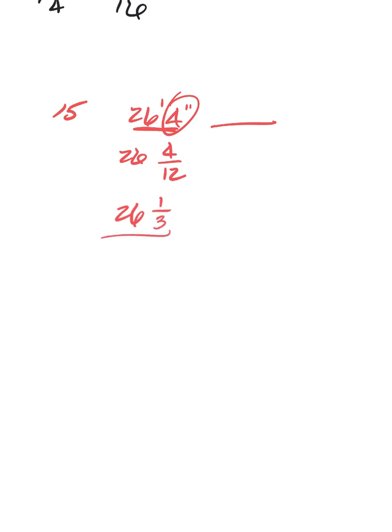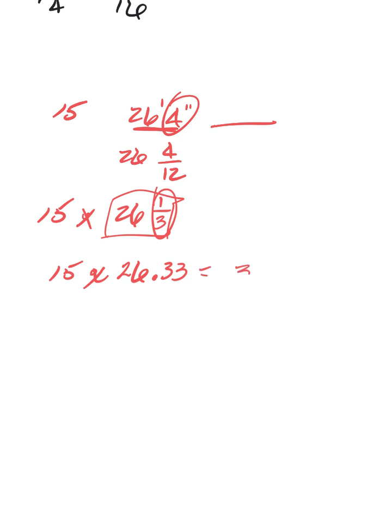So it's 26 1/3 times 15. Or you can change the 1/3 into a decimal, 1 divided by 3, and you get that. So 15 times, I use a dot for a times sign. That's the way they do it in algebra. If you see me do that, that's why. 15 times 26.33.